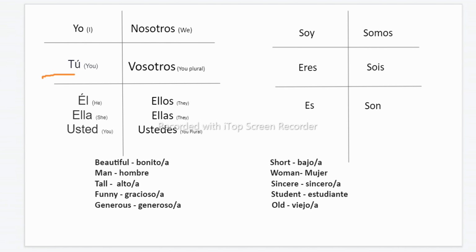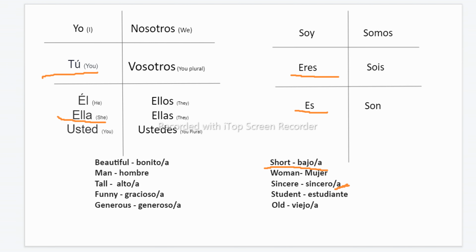Tú eres bajo. Tú eres, you are short. If you have to say she is sincere, how would you say? Ella es sincera, because she is a woman, or a girl.